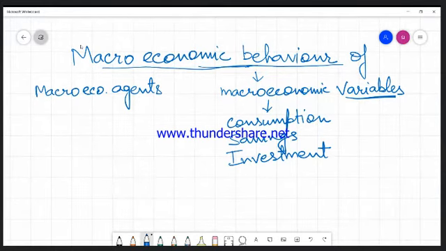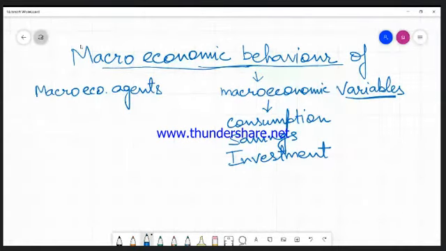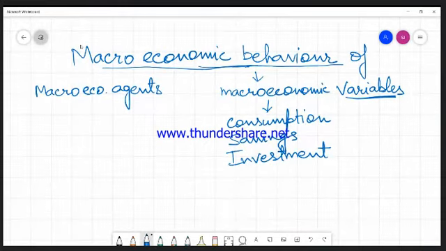When you were talking about microeconomic behavior or micro level decision making, you were talking about, say, consumption of a consumer. Now here you are talking about total consumption of the household. It is not one consumer, but it is the consumption expenditure by the household, total savings by the households.